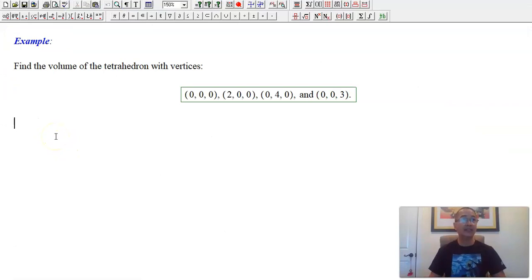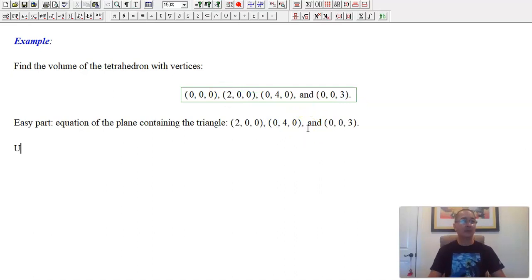All right, so let's do the easy part first: the equation of the plane containing the triangle. So that triangle was these 3 points. We're going to use the intercepts form. So that is x over 2 plus y over 4 plus z over 3 equals 1.